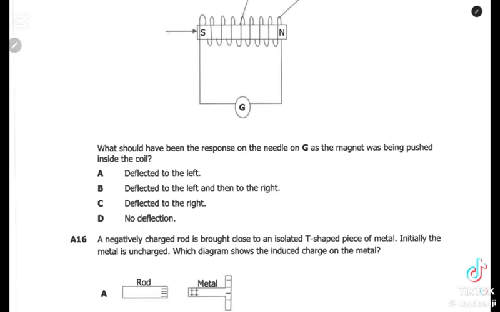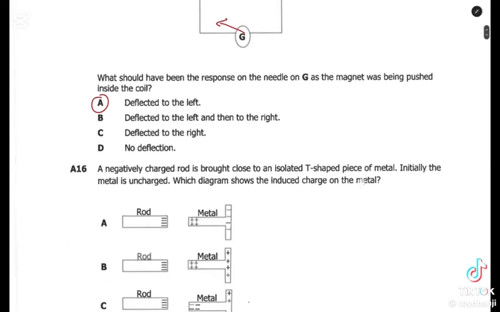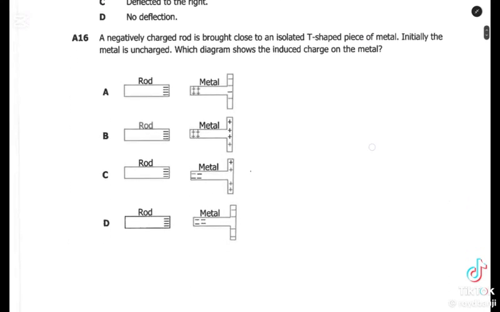When the magnet is being pushed into the coil, that is from the north, you push the magnet like this, the north. So what happens is that the needle will be deflected to the left. So the answer is A, deflected to the left.